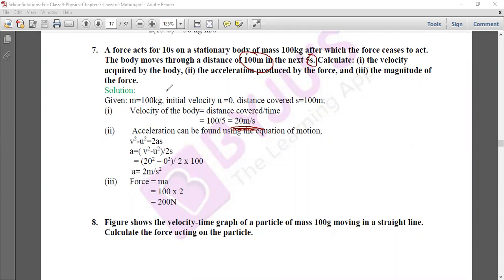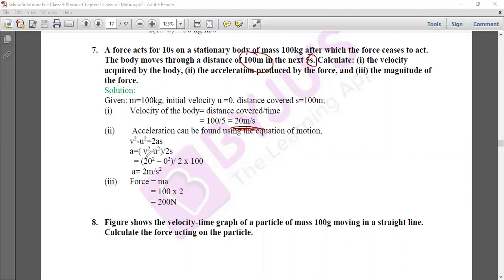Second, we need to find the acceleration produced by the force. Acceleration can be found using the equation of motion, v square minus u square is equal to 2as. If we want a, the equation takes the form a equals v square minus u square divided by 2s.